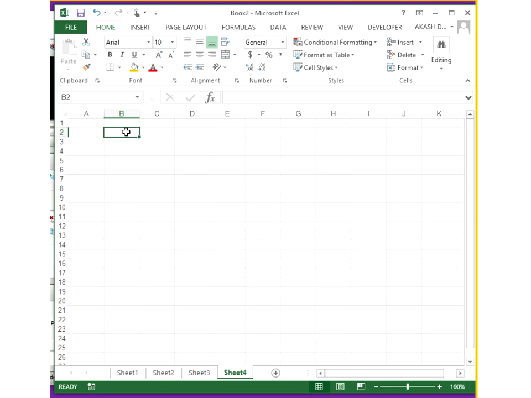The first part is the natural logarithm of P divided by X. So let me first put the values here: P, X, and then we need E, then RF, which is the risk-free rate, time, and then standard deviation.